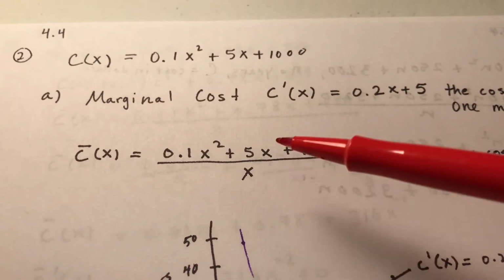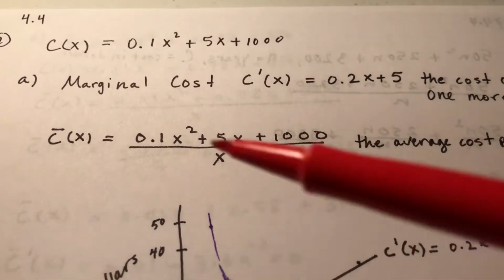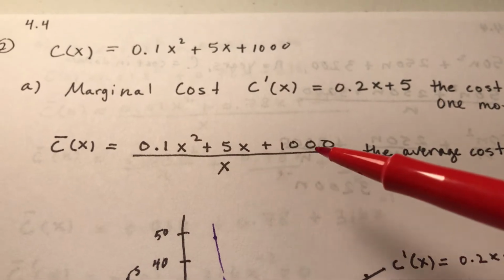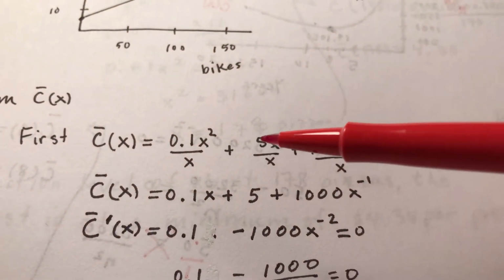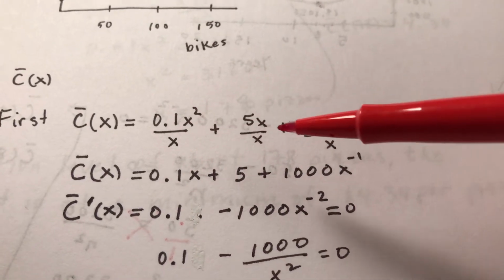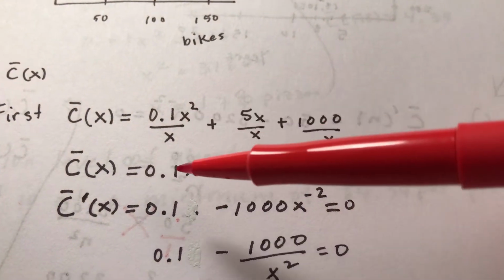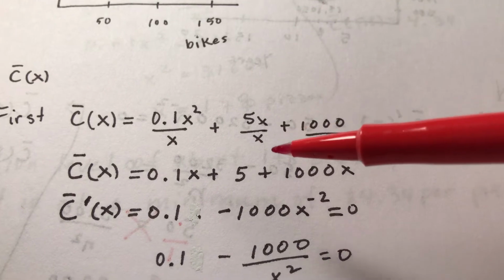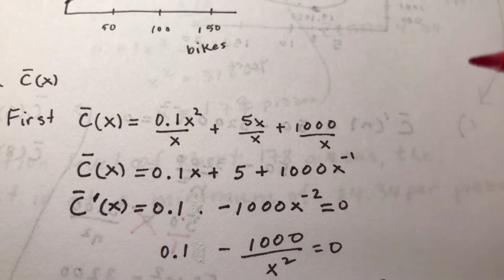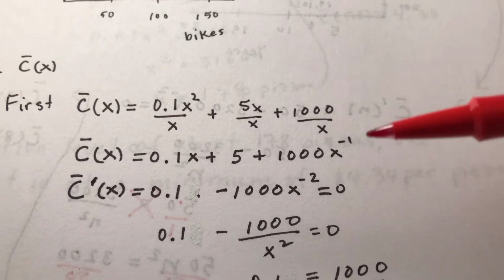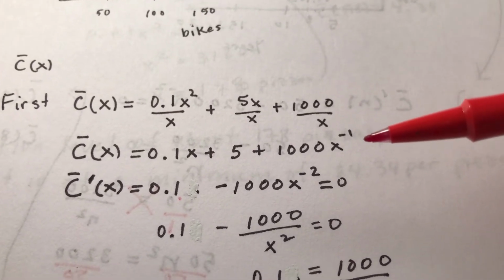You can do quotient rule, but in this case, I think I'm going to use a simplification of this average cost, divide each one by x, and then I get 0.1x plus 5 plus 1,000 x to the negative 1. Or you can use quotient rule. You'll get the same result.